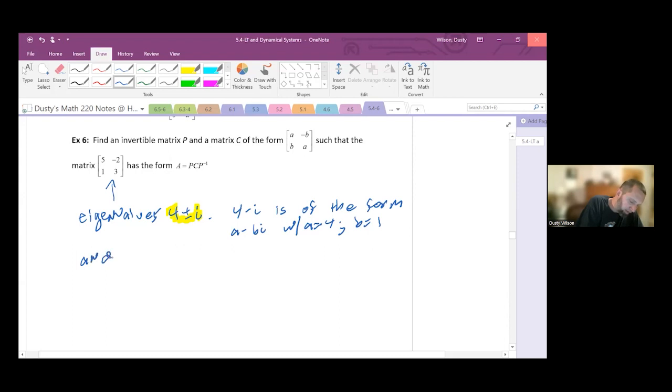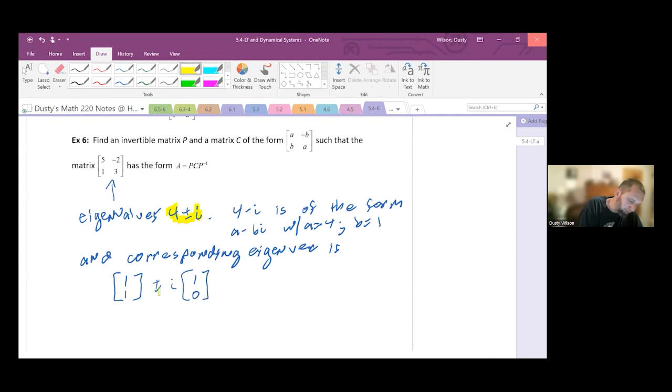And it has a corresponding eigenvector, which is 1, 1, plus or minus i times 1, 0.